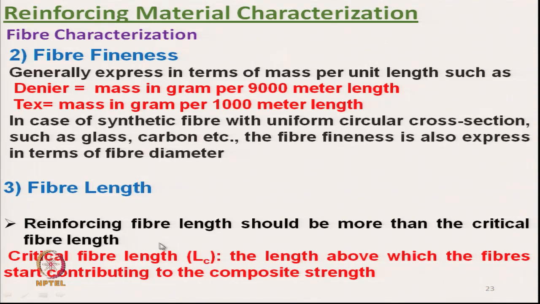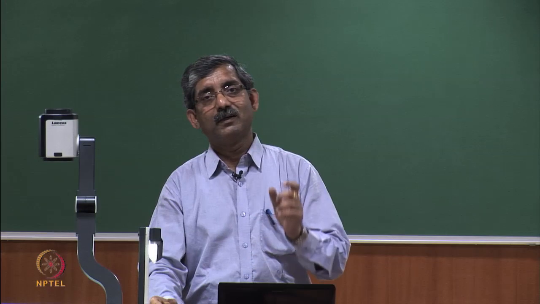The reinforcing fiber length should be more than the critical length of the fiber. We can calculate the critical length of a fiber and accordingly decide the length of the fiber.